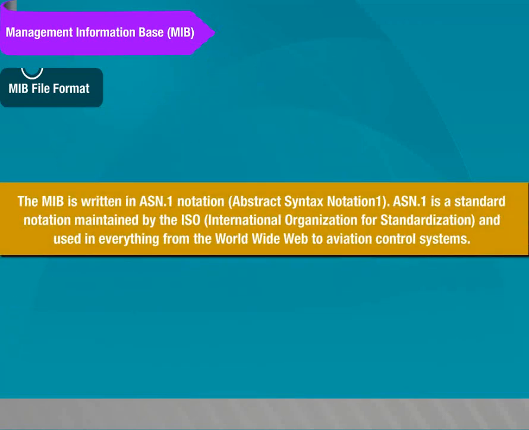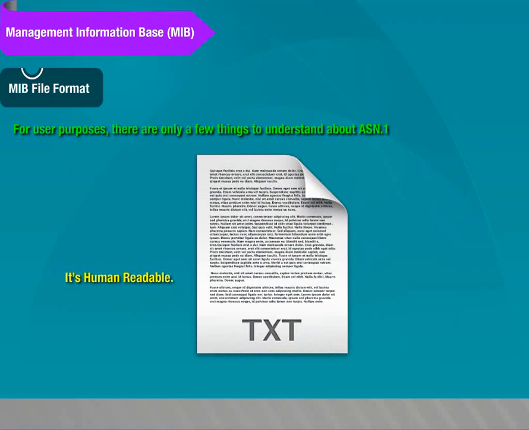The MIB is written in ASN.1 notation, that is Abstract Syntax Notation 1. ASN.1 is a standard notation maintained by the ISO, International Organization for Standardization, and used in everything from the World Wide Web to aviation control systems. For user purposes, there are only a few things to understand about ASN.1. It is human readable.